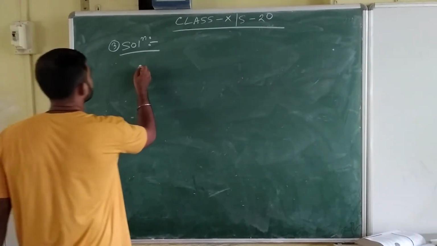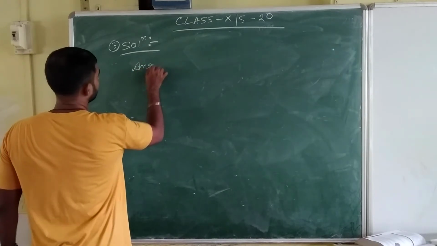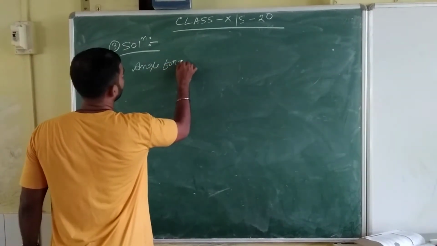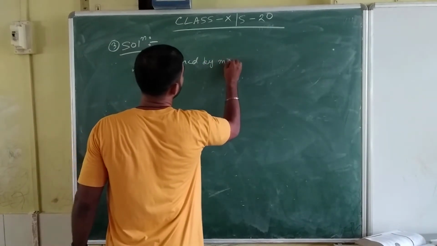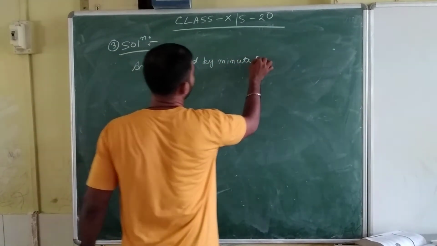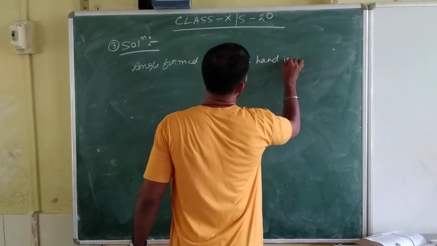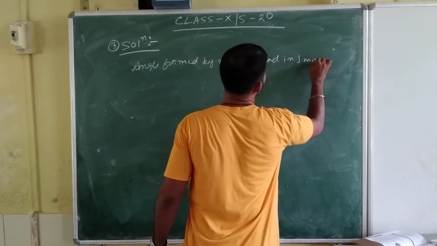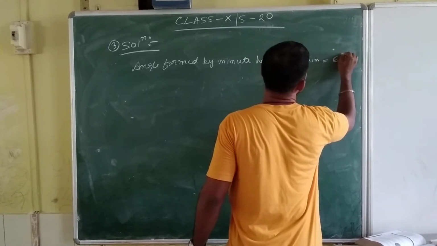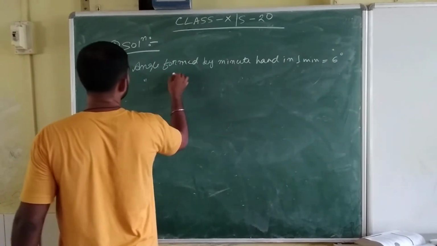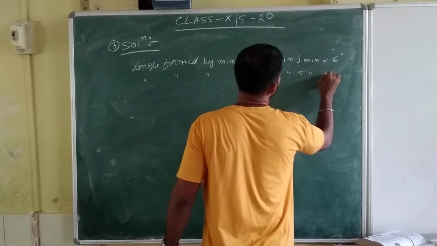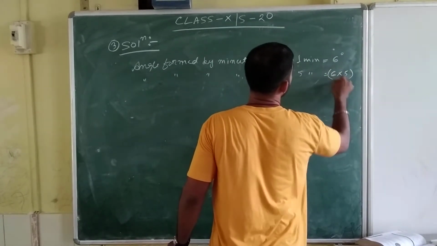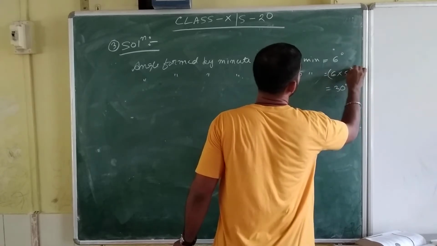So the angle formed by the minute hand in 1 minute equal 6 degree. So the angle formed by the minute hand in 5 minutes equal 6 into 5 equal 30 degree.